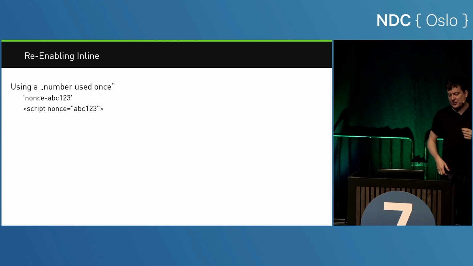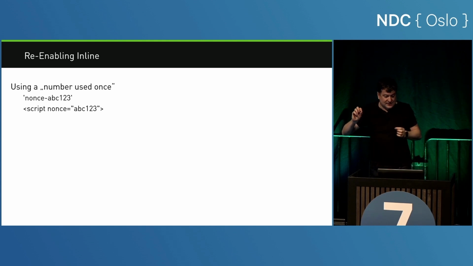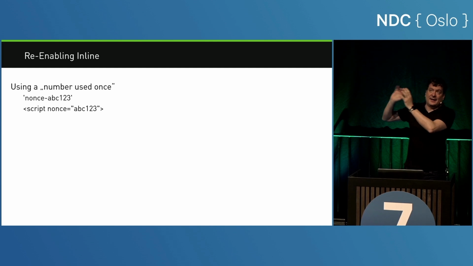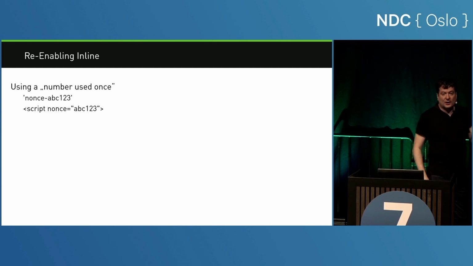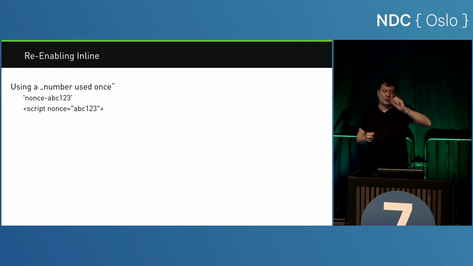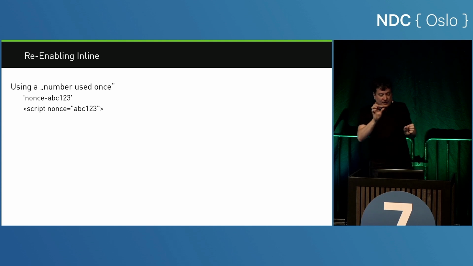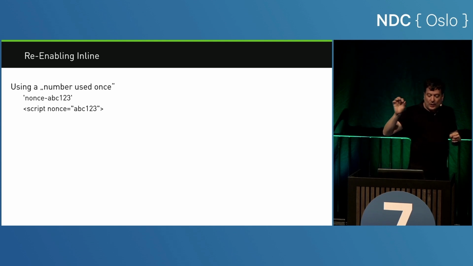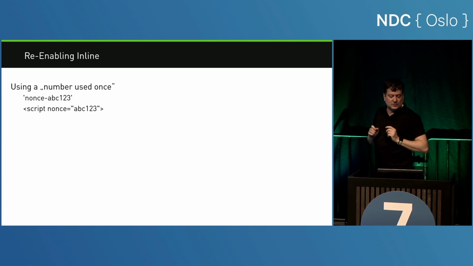And then in the content security policy, you just use nonce, number used once, dash, or hyphen, and then that random string. Of course, it should be more random and longer than ABC123, but I only have that much space on the slide. You put that in content security policy and instruct the browser essentially, okay, wherever there is nonce equals ABC123, that inline code is allowed to run.